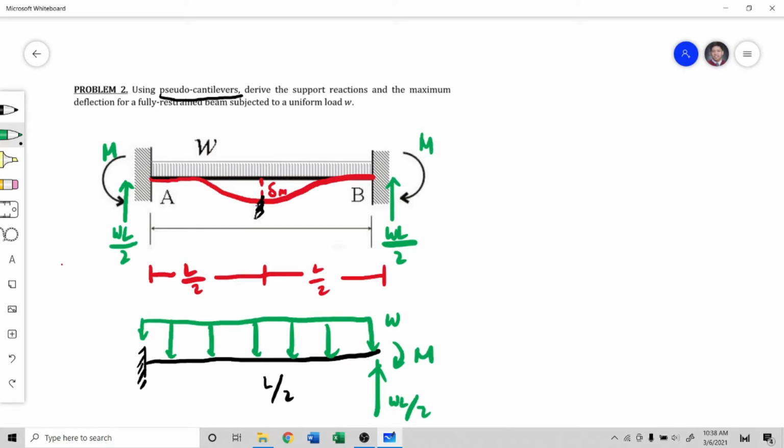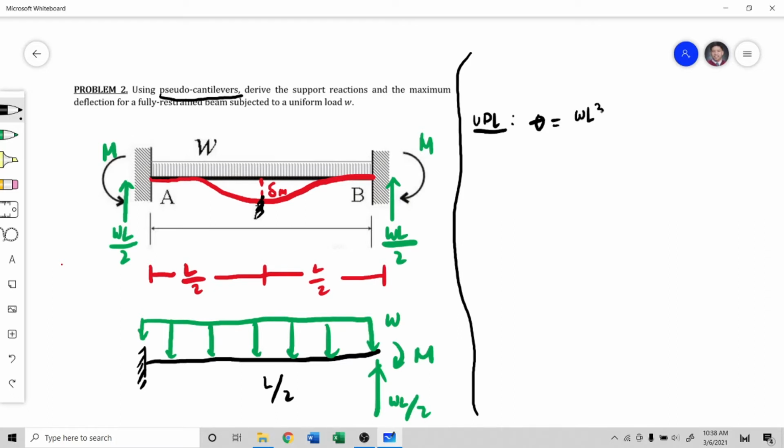Now, i-recall lang natin yung mga formulas natin for our pseudo-cantilever method. For uniform distributed load, UDL, ang theta natin dyan would be equal to omega L cubed over 6 EI. Our delta or our deflection would be equal to omega L to the 4th over 8 EI.